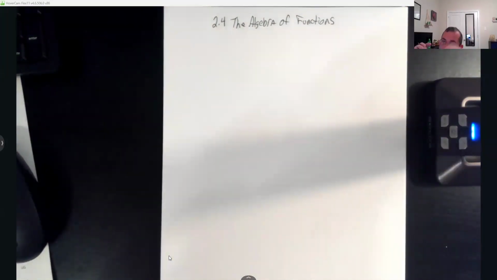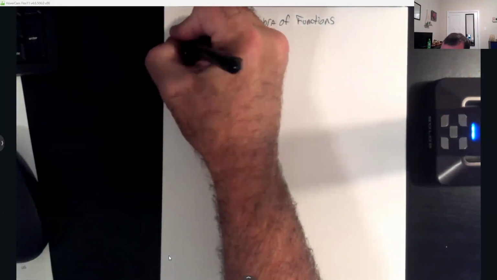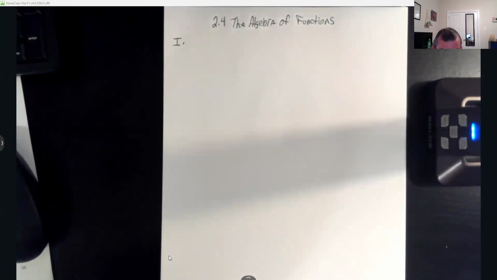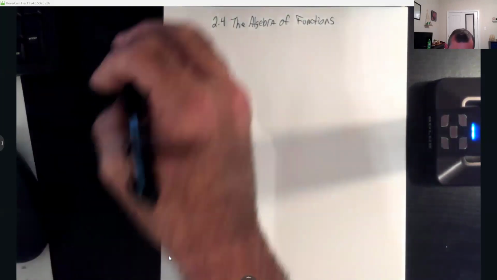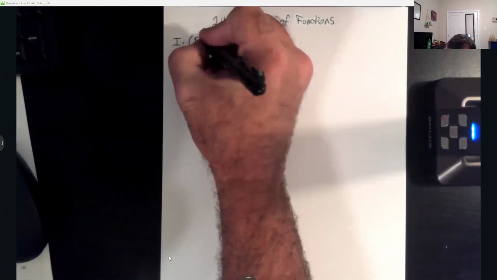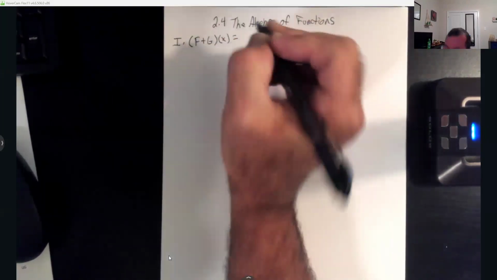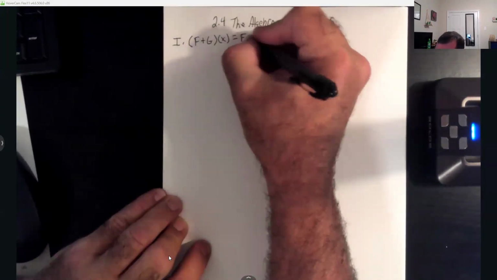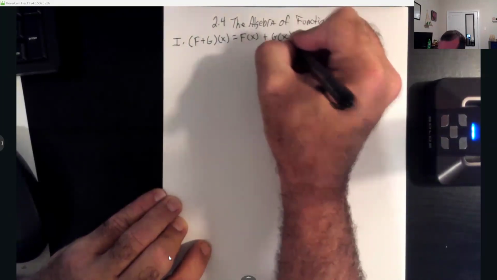And guess what? There are 4 operations that I can do on my functions. And we'll give you different terminology for these, okay? So the first would be addition. So f plus g of x. All this means is f of x plus g of x.